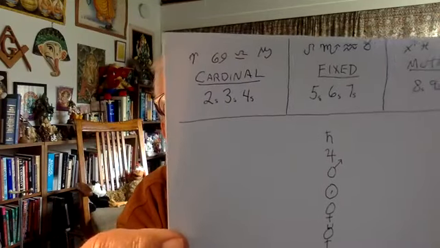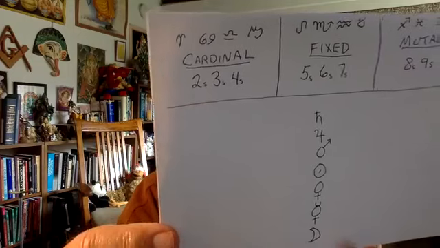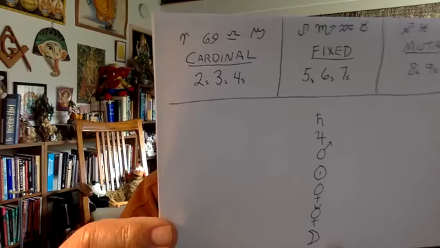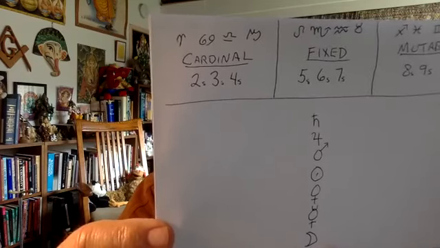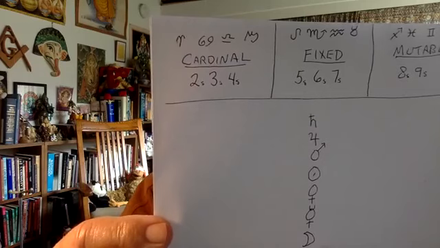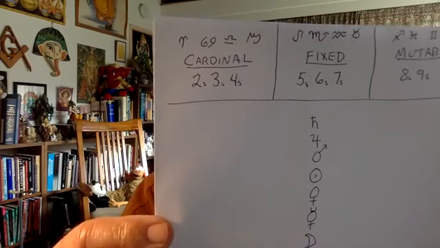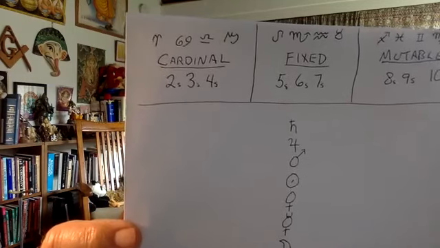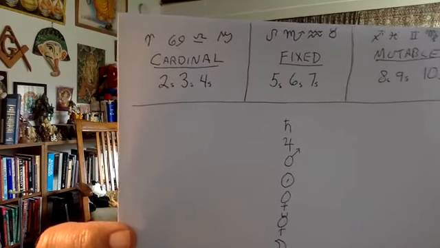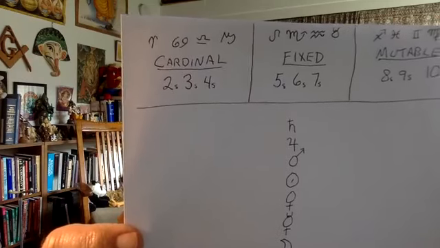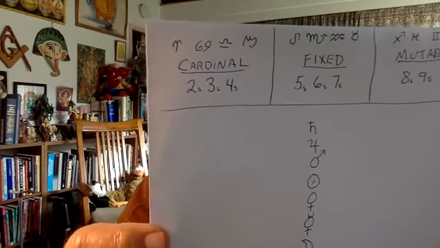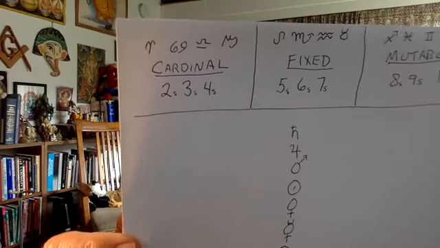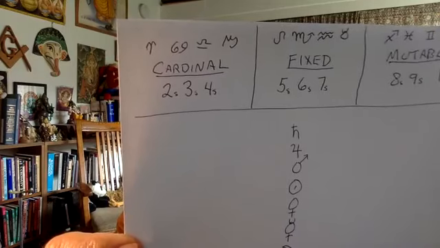Now the signs of the zodiac are broken up into 4 categories by element. So the wands are fire. And so the fire cardinal signs are Aries, Cancer, Libra, and Capricorn. And the 4 fixed signs are Leo, Scorpio, Aquarius, and Taurus.